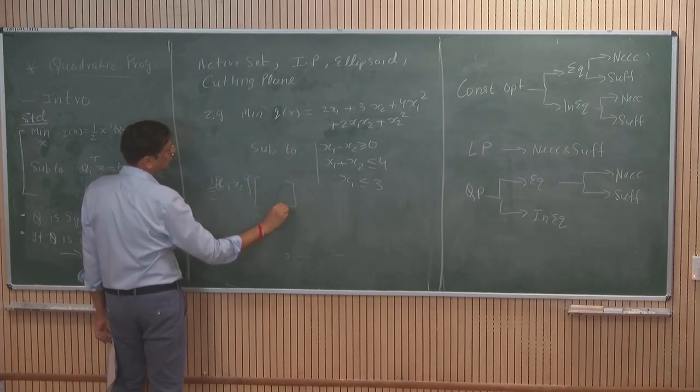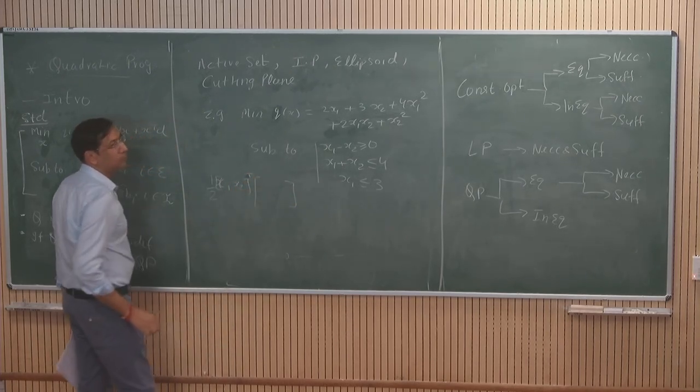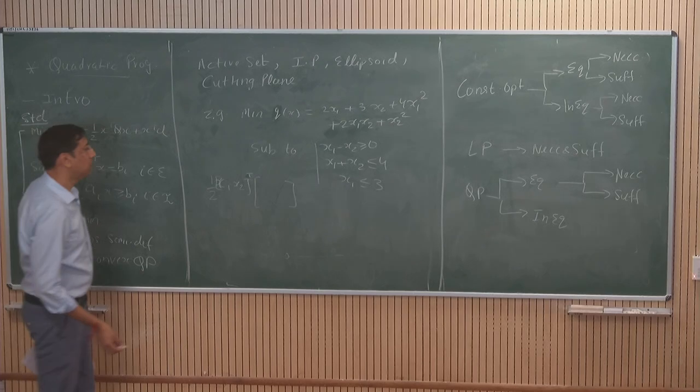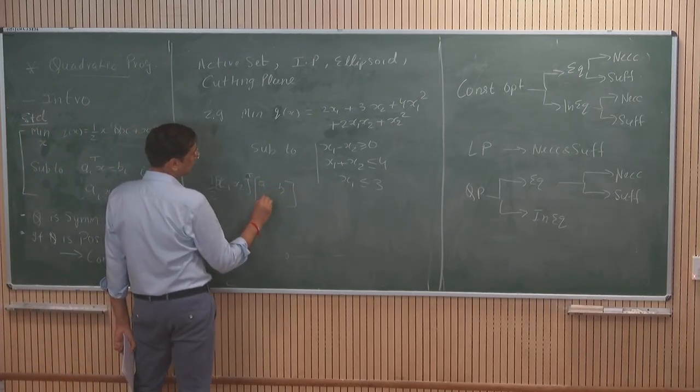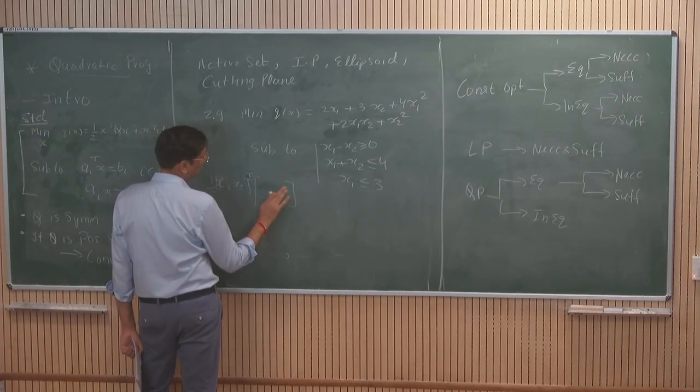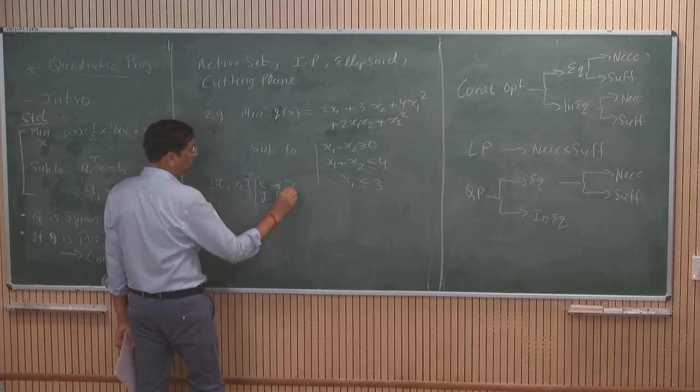What will be the dimension of Q? 2 cross 2, right? So you can write it as A, B, C, D, or not A, B, C, D, then E, F, G, H, something else, so that it doesn't conflict.